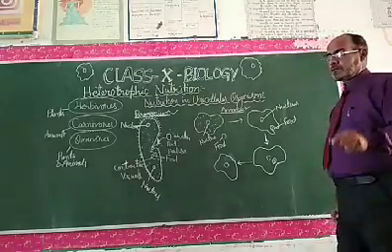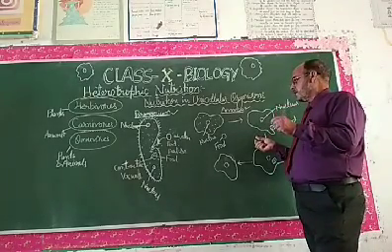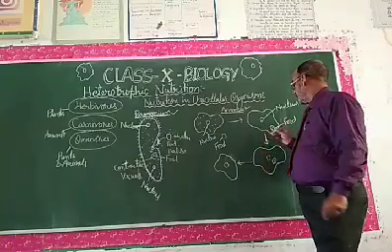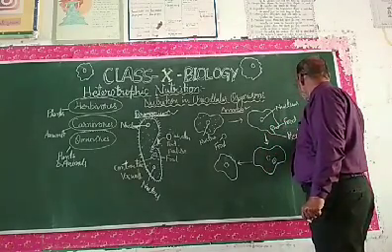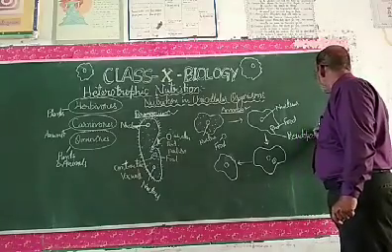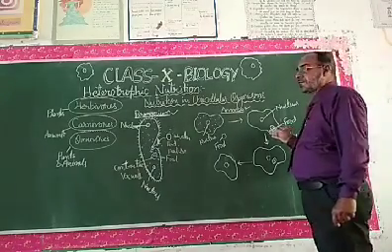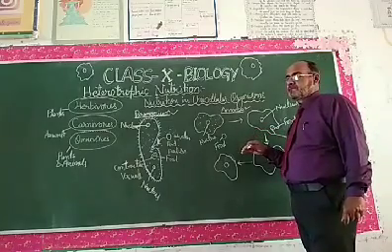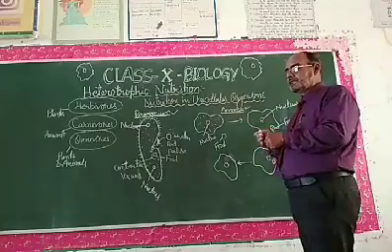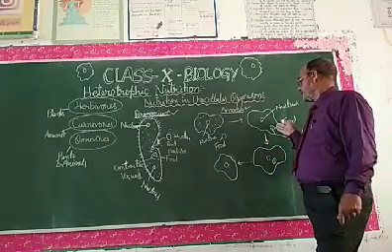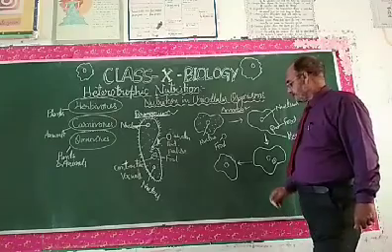And as you know, this is present in the water, and while moving with the help of the pseudopodia, food comes into contact with the pseudopodia, and the pseudopodia capture the food in the water to engulf the food inside the cell of the amoeba.